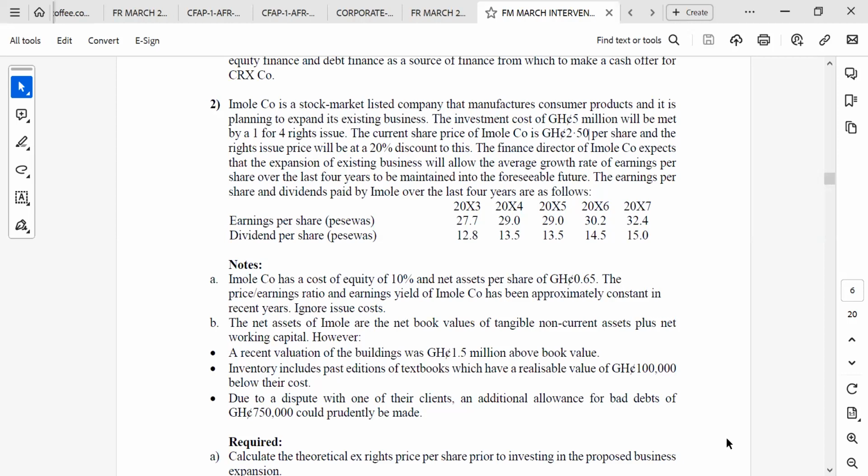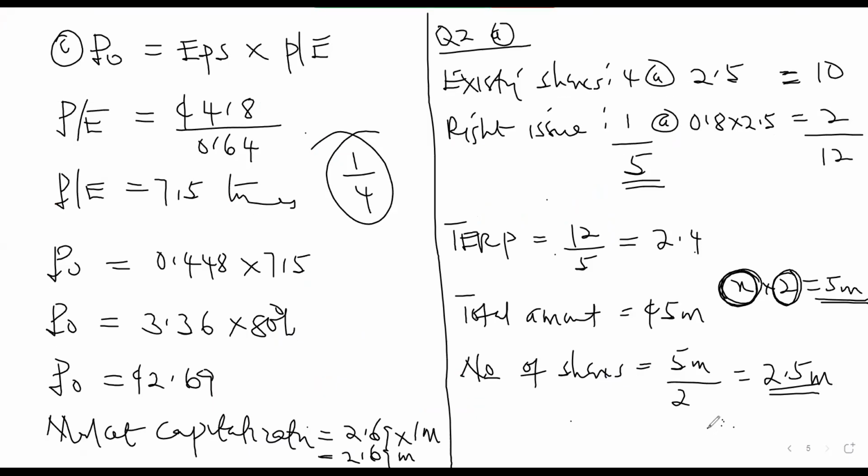All right. So the fraction for the right issue is what? It's 1 for 4, isn't it? Okay. So the right issue is calculated as 1/4 times the existing shares, and that will give us the 2.5.